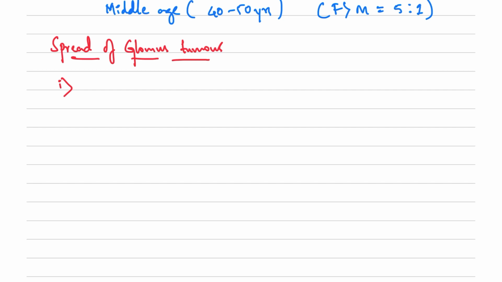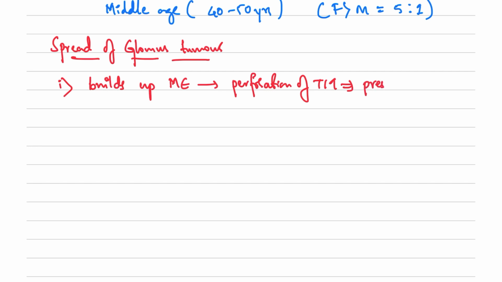So it might build up in the middle ear, later leading to perforation of the tympanic membrane and presenting as a vascular polyp in the external auditory canal.